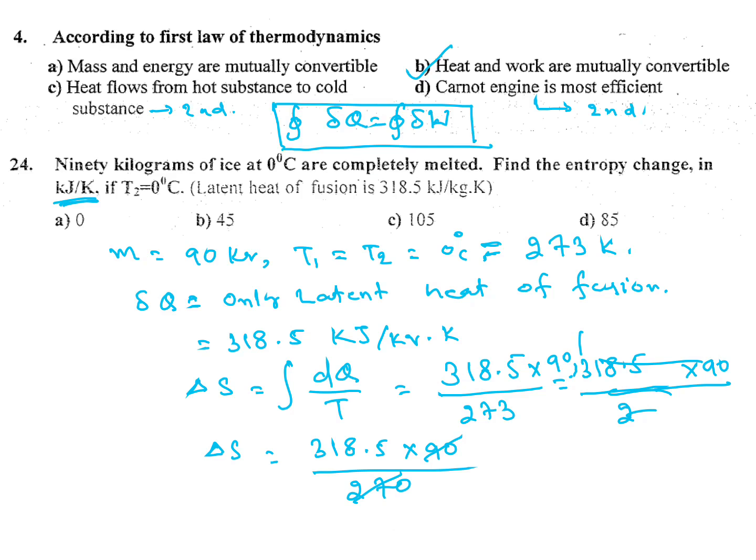So it's coming as 3.06 kilojoule per Kelvin. From the options, A not possible, B also not possible, D also not possible. Only C. C is our answer.